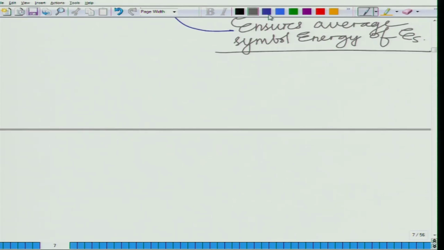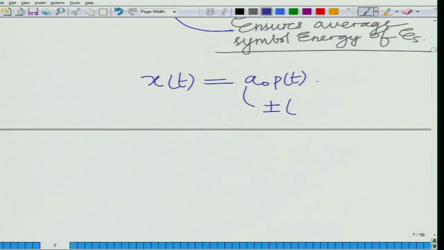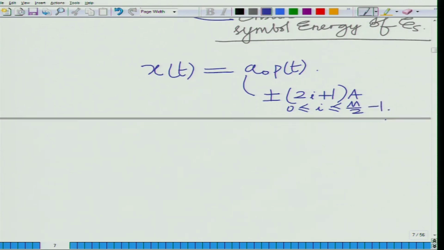We also know that our waveform x(t) equals A_0 times p(t). A_0 is plus or minus (2i plus 1) times A, where i can take the values 0 less than or equal to i less than or equal to M minus 1.